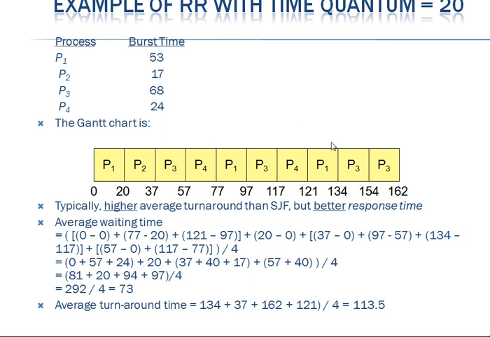All of the processes are treated equally here. Now calculating, sorry, the average waiting time we get is 73 and the average turnaround time is 113.5 milliseconds.